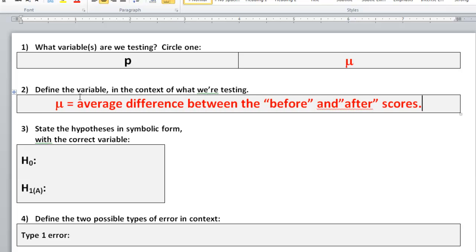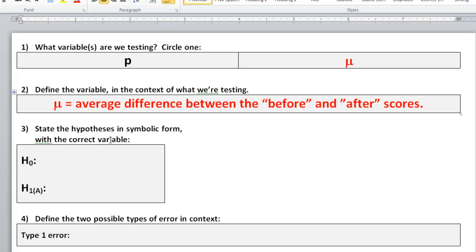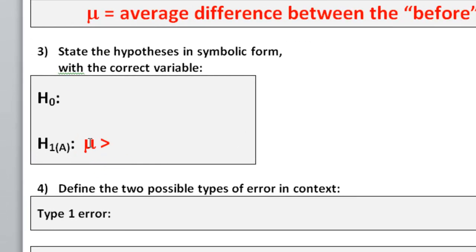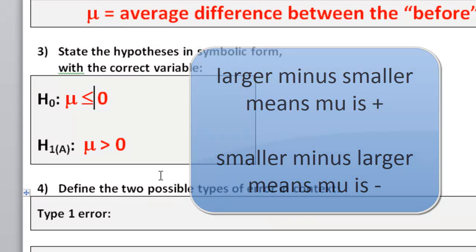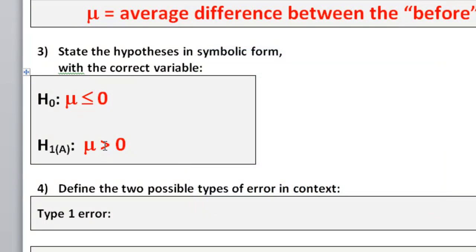You can set this up to be either greater than or less than 0 as far as the average goes. It depends on what you subtract from what. If you subtract larger numbers from smaller numbers, this would be negative. But I'm choosing to subtract smaller numbers from larger numbers, which means I can set the null to less than or equal to 0. We'll mention that again when we crunch the data.